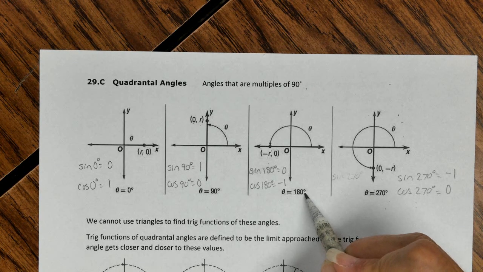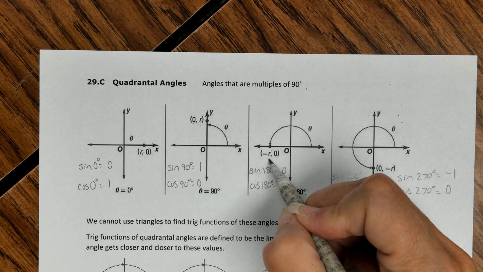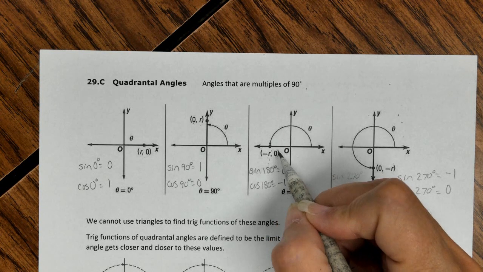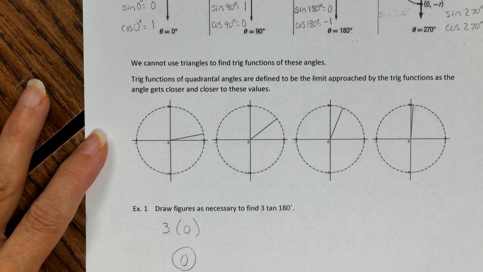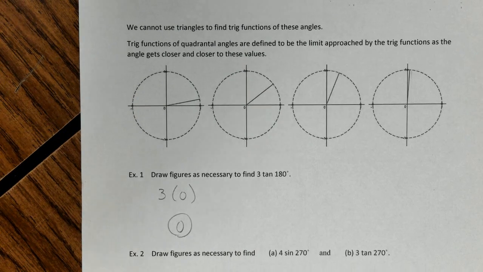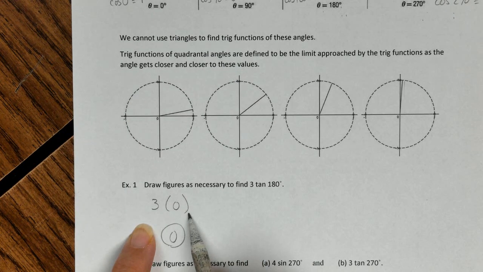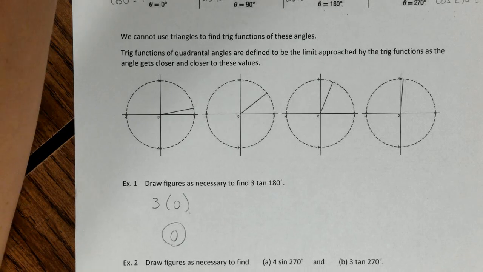Here's 180. There are the coordinates, y over x. Y over x is 0 over negative r, which is 0. The tangent of 180 is 0, so 3 times 0.